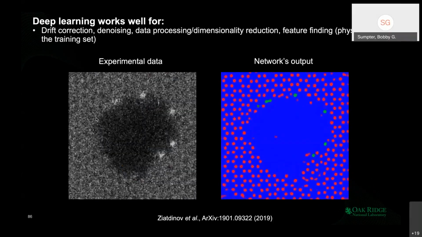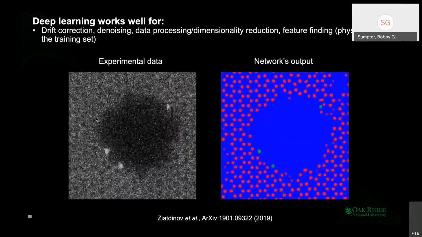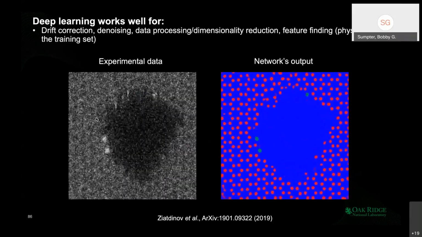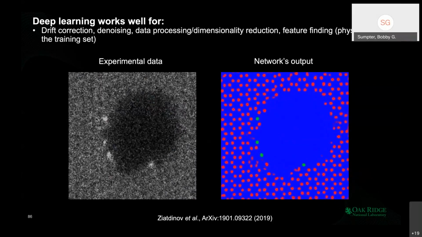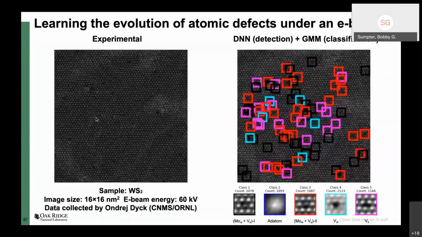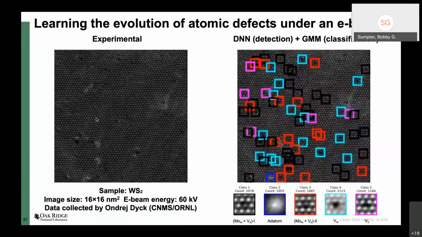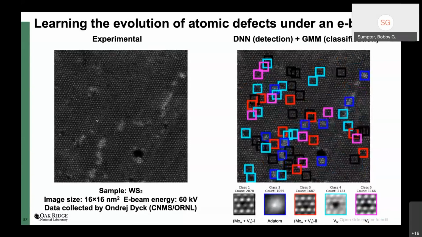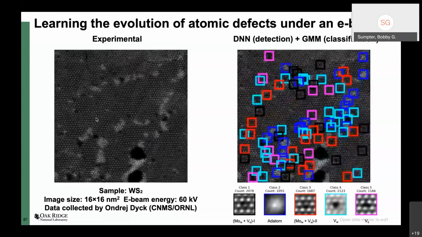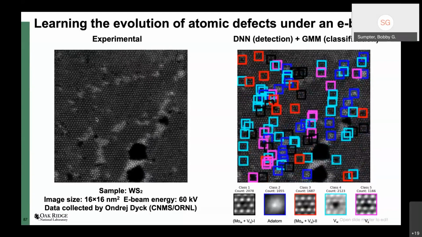So this does work, and it works quite well, and it can correct for many artifacts. With that, now we can say, okay, so I can see atoms, I can see defects, and the neural network can help resolve that at different energies, which means I can start moving things and controlling things really precisely.